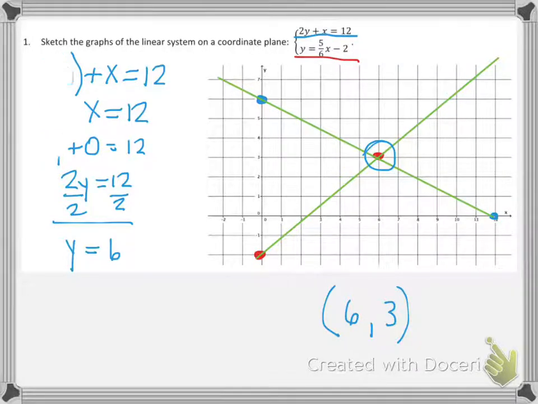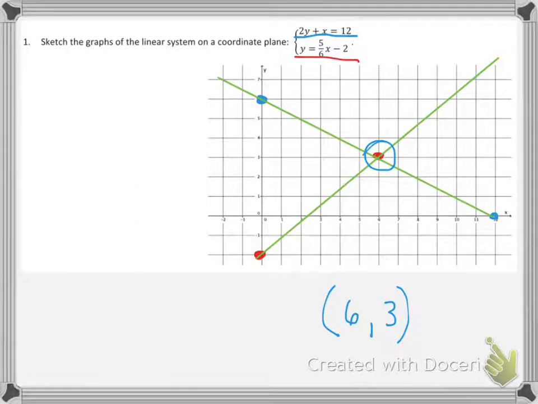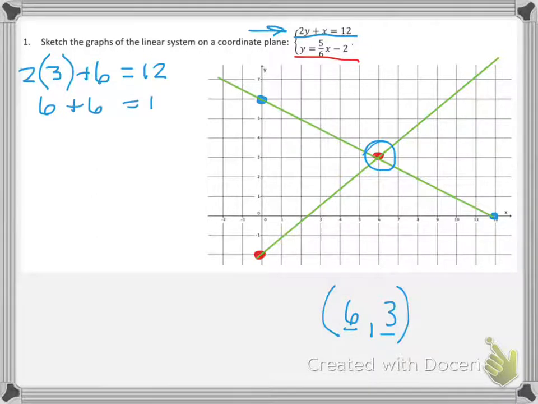So I want to check that. I'm going to give myself some space over here and just check and see if that's true. So let's use the top equation. 2 times y, well, that's a 3, plus x, that's a 6, equals 12. And let's just see if that's true. We get 6 plus 6 equals 12. And yeah, 12 does equal 12. So the point (6, 3) satisfies that first equation.